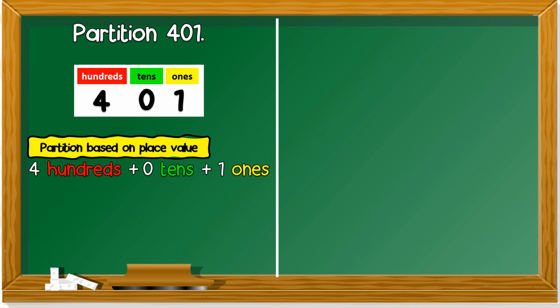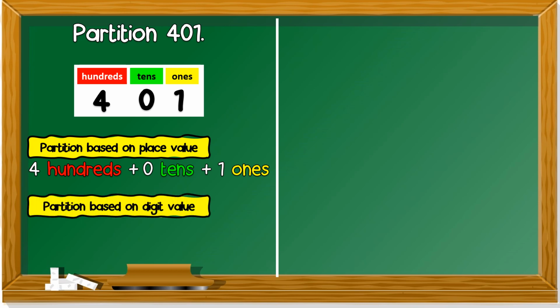And when we partition based on digit value, we don't need to stack the 0. We just write 400 plus 1. Since tens is 0, we don't need to write for tens.